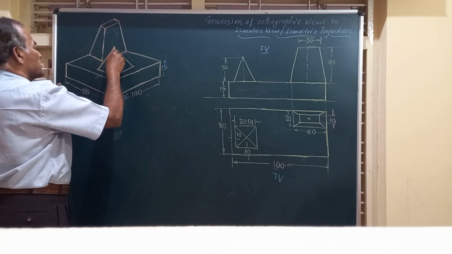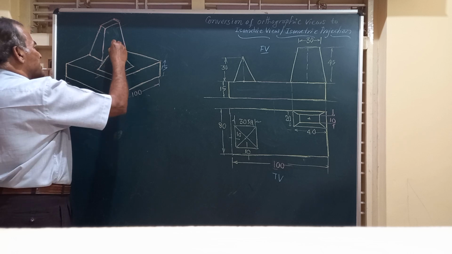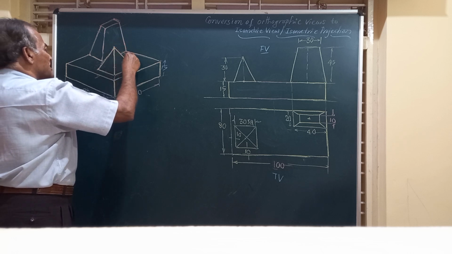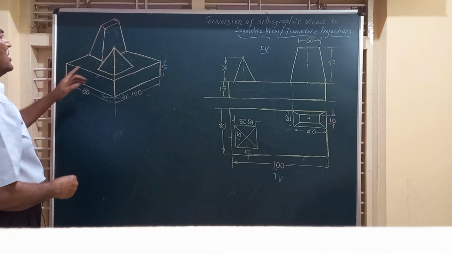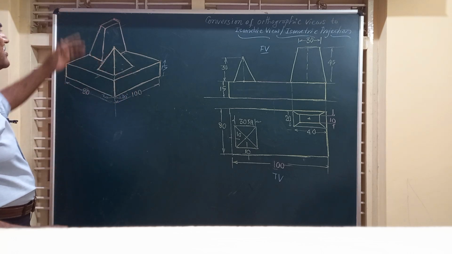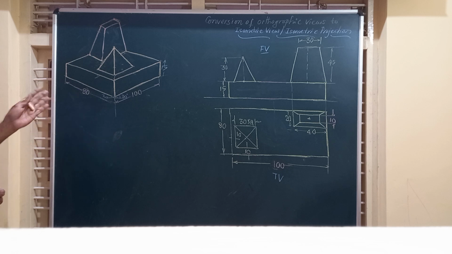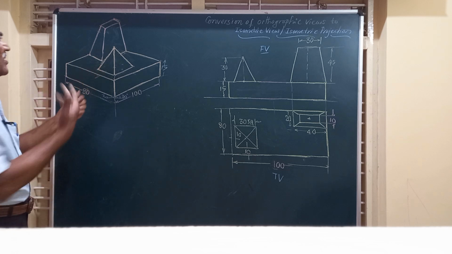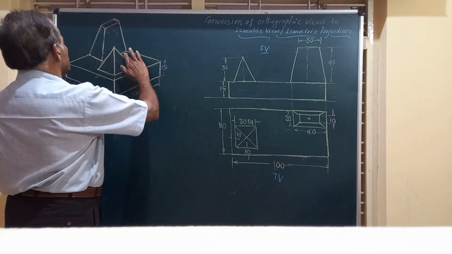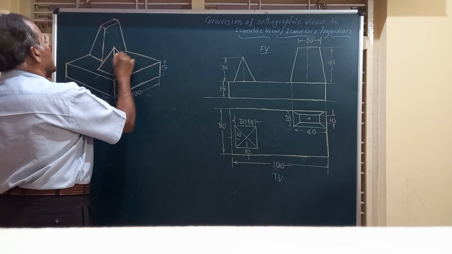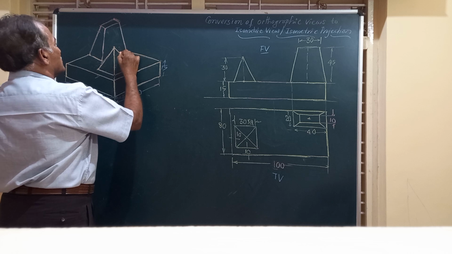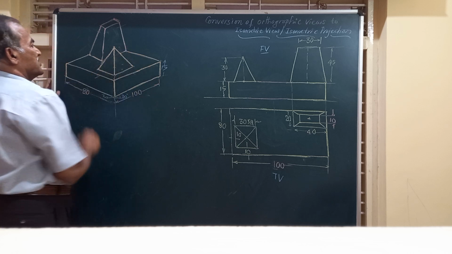So this is one of the slant edges, these are two slant edges, this is the last slant edge, and here this gap is 10 mm. And friends, whatever is not visible in this, we have removed those lines. So this is to be shown parallel to this.